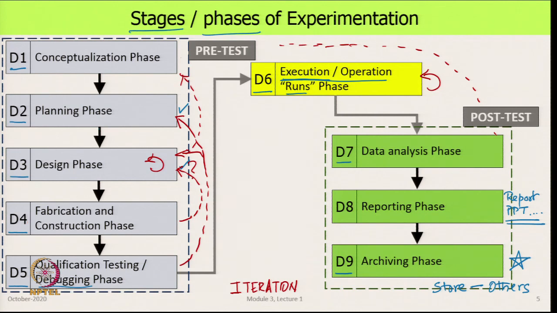So, these are the pre-test activities or the pre-test phases on this side here, and on this side these are the post-test set of activities. And as we go through the discussion on each one of them in detail, we will see how uncertainty analysis comes in at each and every place.